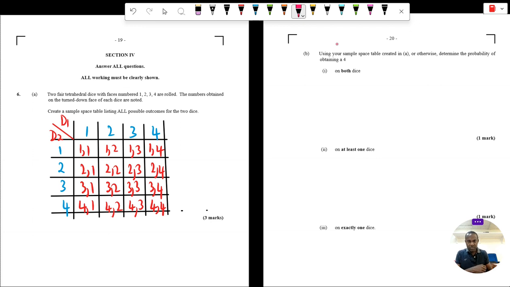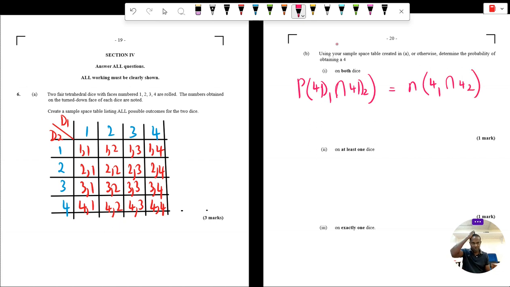Now let's try to reason it out. Now the probability of obtaining a 4, how do I represent that now? Let's say a 4 on die 1, and that's going to be U intersect a 4 on die 2, is equal to the number of outcomes where we have a 4 on die 1 and a 4 on die 2.